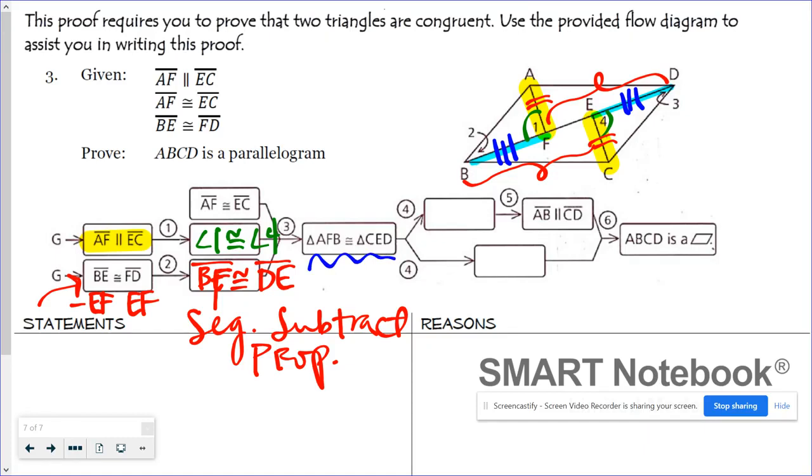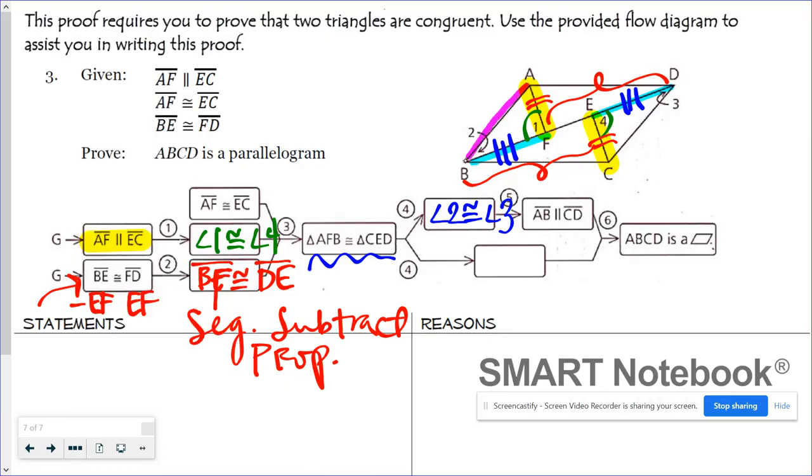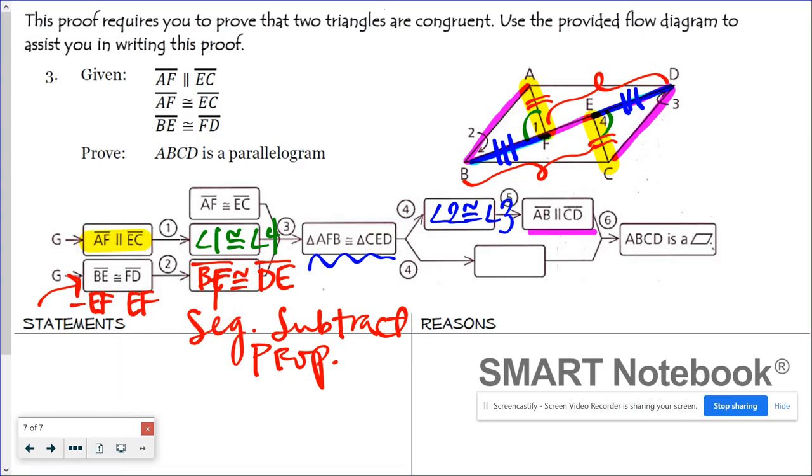And that's useful because then CPCTC would allow me to say that angle 2 is congruent to angle 3, which would prove that AB is parallel to CD. And then I can use a second CPCTC step to say that AB is congruent to DC.